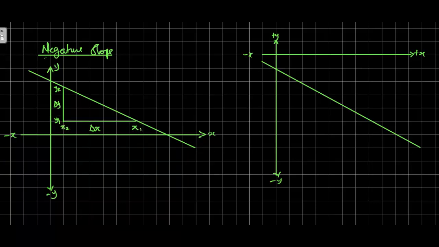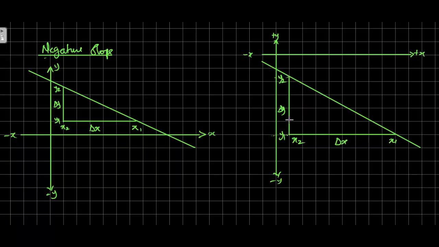For this one as well, if I want to draw the right triangle, it will be like this, right? I maintain, there are cases whereby you draw it up here, but because of consistency, that's what I've always done. So this is still your y2, y1, x2, and x1. So this is change in y, this is change in x. You trace your y2 to this side, you trace your y1 to this side.